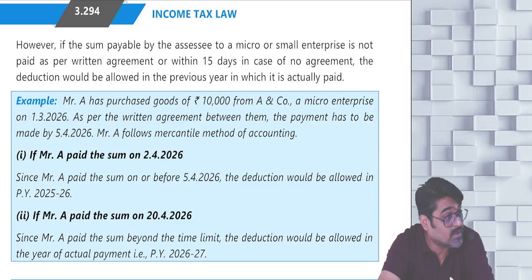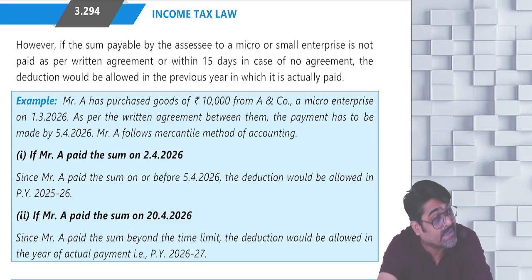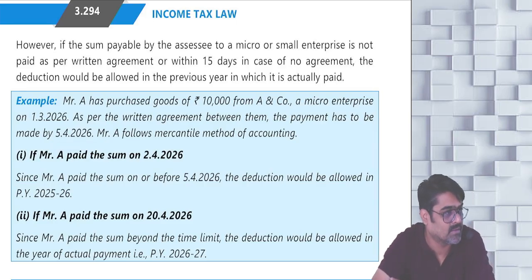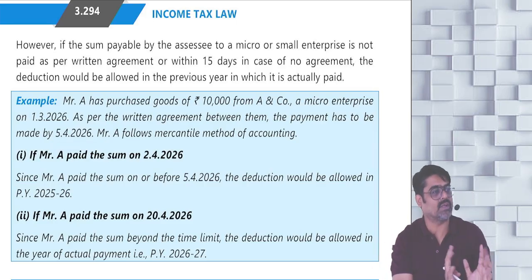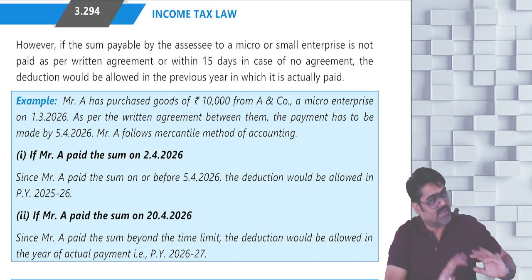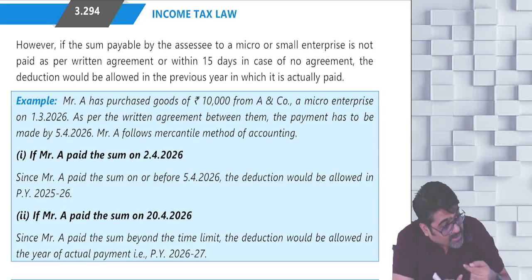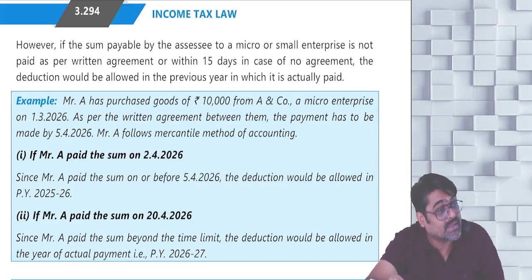Even if this year it was not paid, it was paid in the next year, but it was paid on 2nd of April, prior to the due date of the MSME Act. So this year 10,000 is not paid, but this year 10,000 will be allowed on mercantile basis because it is actually paid within the time limit given in the MSME Act.